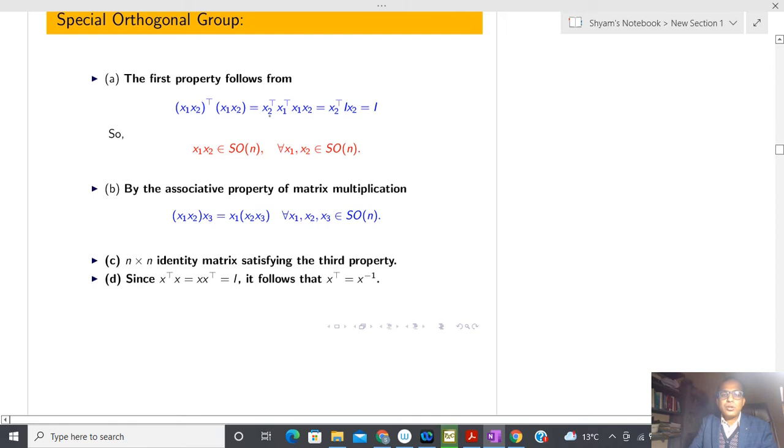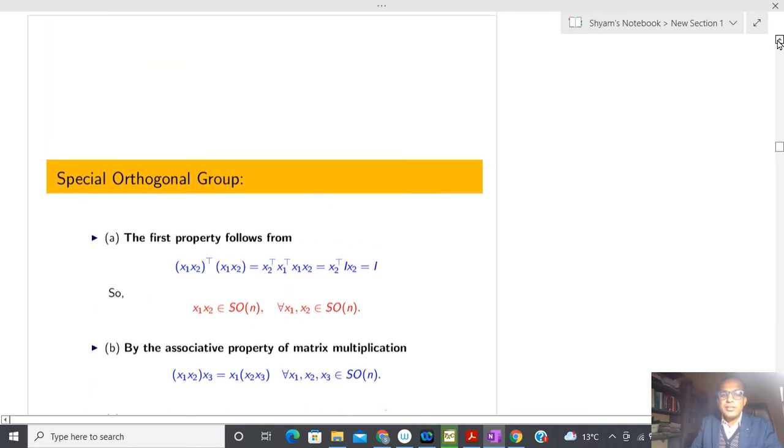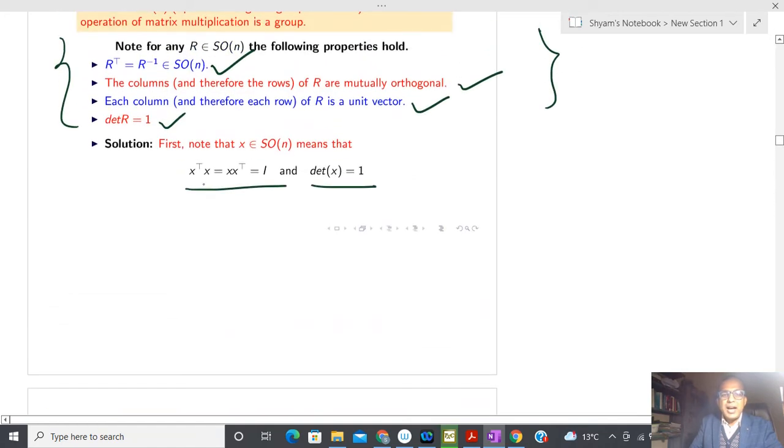Each and every element you see from here is going to be represented by x and their transpose x.